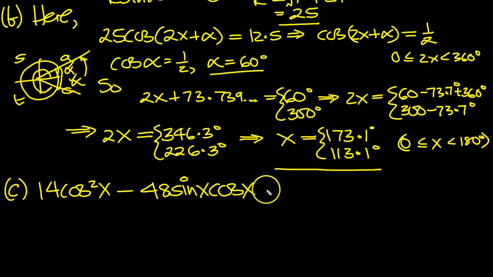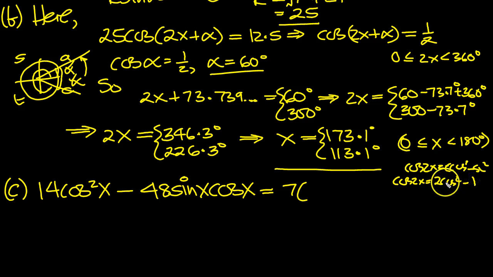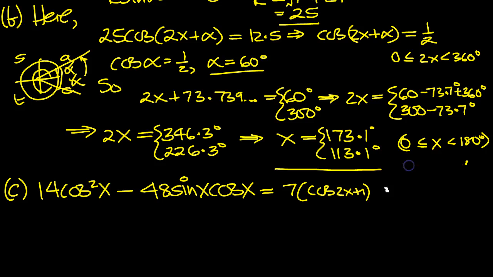So we've got this, and this can be written as 7 times 2 cos squared x. And if you remember, cos 2x is cos squared minus sine squared, so cos 2x will equal 2 cos squared minus 1, isn't it? So the 2 cos squared, which we can pull out of here, will be cos 2x plus 1. Just a little memory thing there.